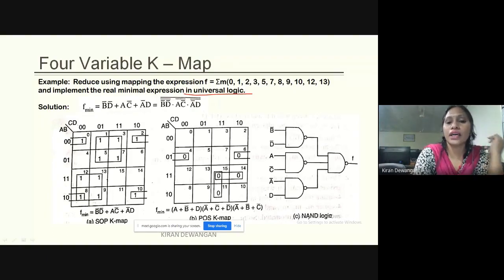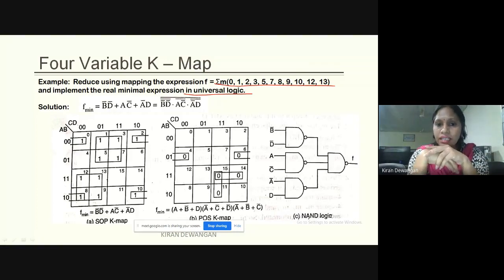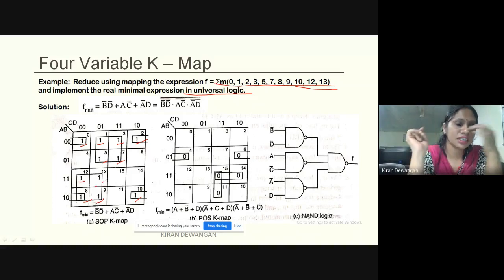Clear? So here we are given the min terms. Now we can map it: 0, 1, 2, 3. This is the position of 0, 1, 2, 3. Then 5, 7, 8, 9, 10. Then 12, 13. This is 12. This is 13. ठीक है.